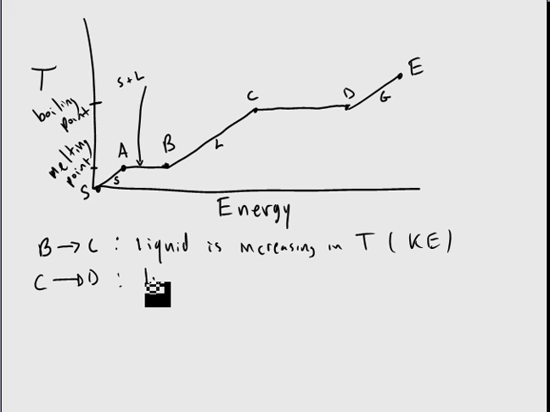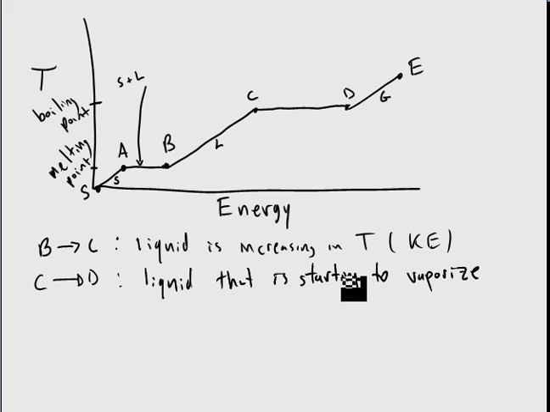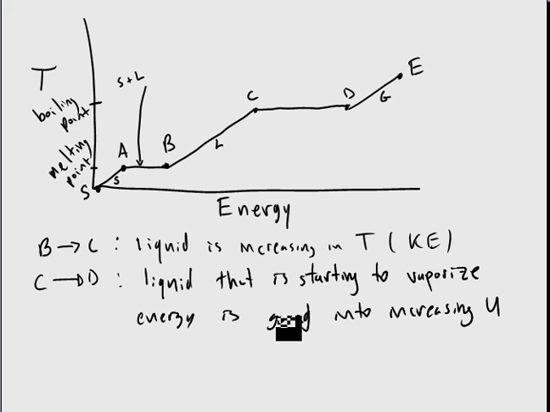So this is a liquid that is starting to boil, so it's starting to vaporize, to become a gas. And the energy is going into increasing potential energy and not kinetic energy.